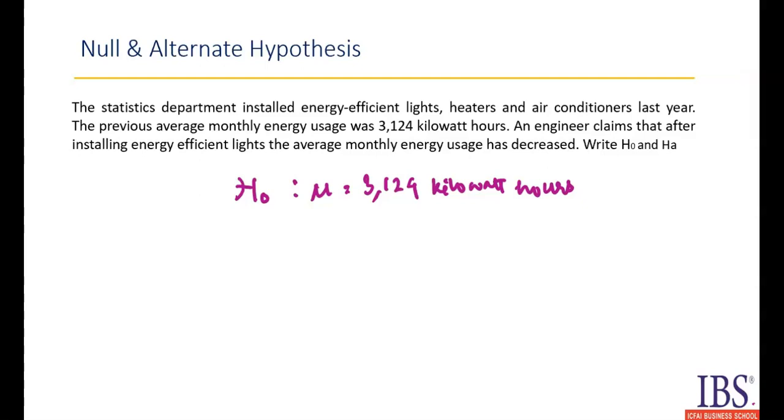So our HA, that is alternate hypothesis, becomes that the mean average consumption is not equal to 3124 kilowatt hours. It is important to note here that our alternate and null hypotheses are always going to be mathematical opposites of each other.